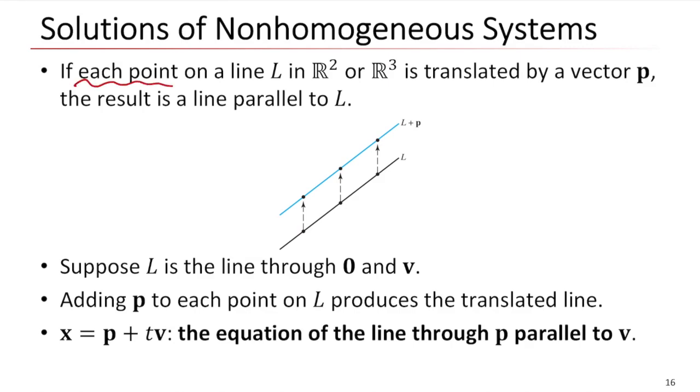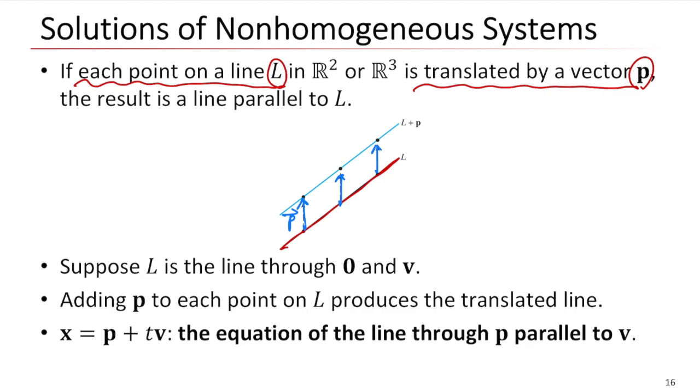Right? Then let's say each point on the line L, let's think about an arbitrary line L like this, is translated by the vector p. Let's say this is the vector p, okay? That's a vector p.